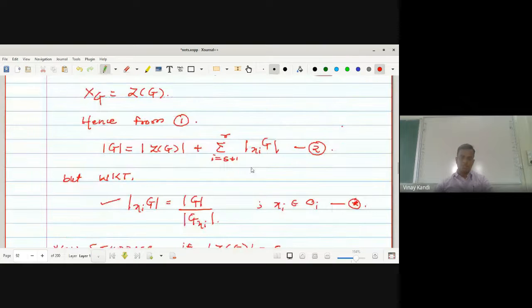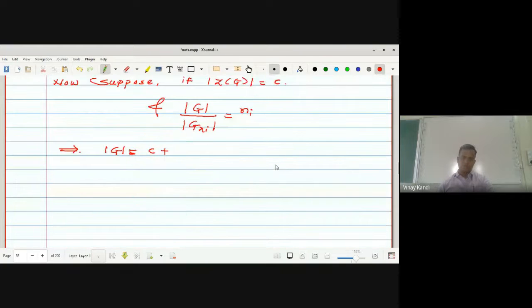Now here, where does i run from and to? Okay, let us write this first: summation i running from s plus 1 to r of order of x_i G. Okay, then order of G is equal to c plus order of x_(s+1) G, sorry, order of x_(s+2) G plus up to and so on up to r.